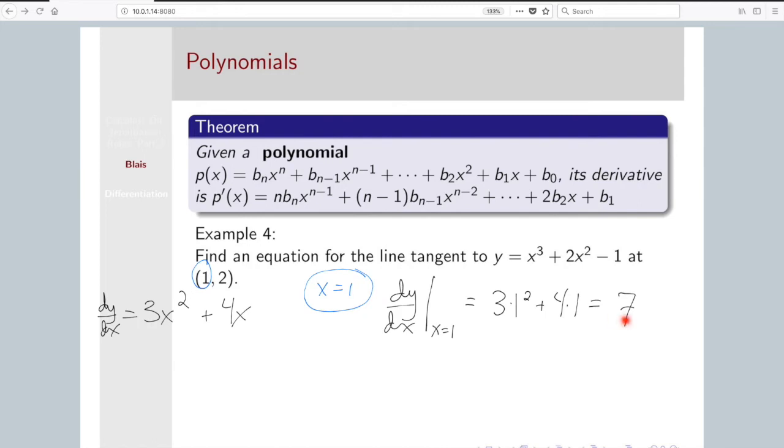Now we have the slope of a line and a point on the line, so we know our tangent line is given by y minus the y value, 2, is the slope, 7, times x minus the x value of 1. And that gives us an equation of our tangent line at this point.